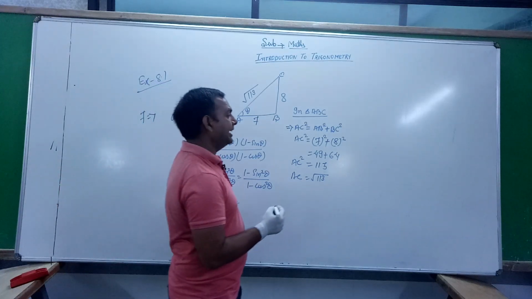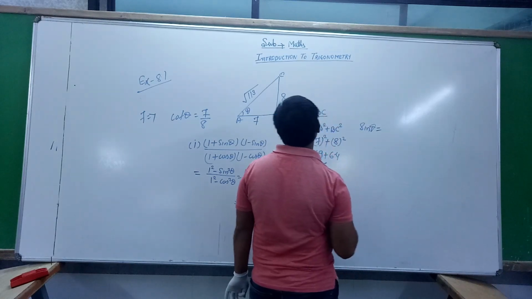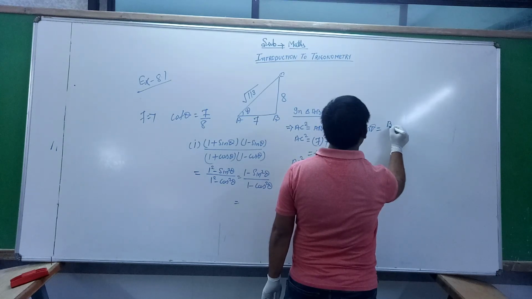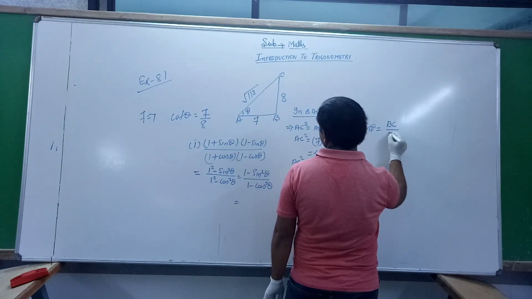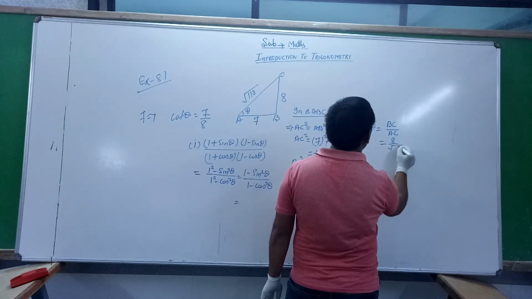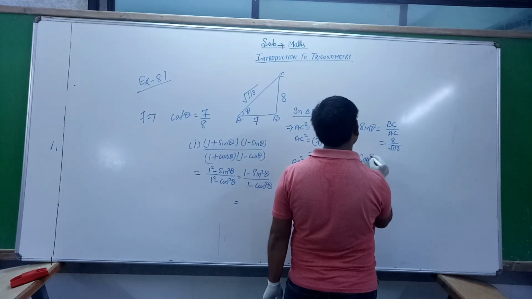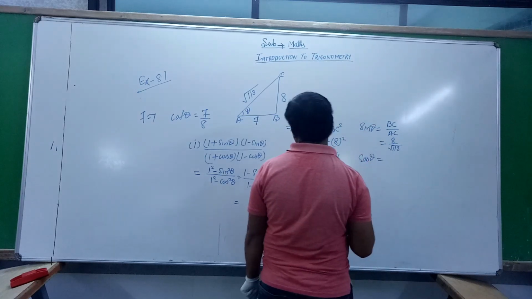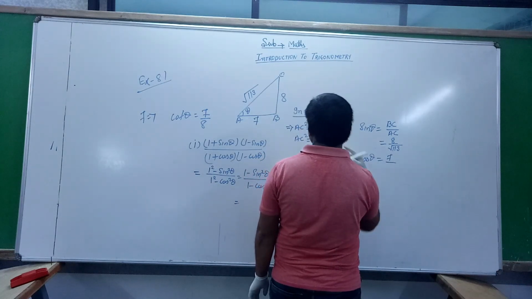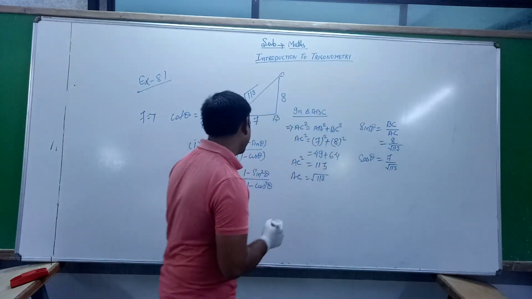Then you put in the values of sine theta and cos theta. Here the value of sine theta is perpendicular upon hypotenuse, meaning BC upon AC, which is equal to 8 upon under root 113. Then cos theta is base upon hypotenuse, so 7 upon under root 113. You put in the values here.